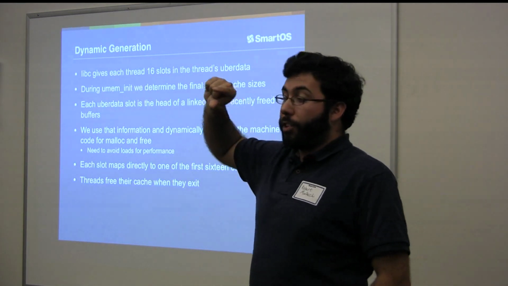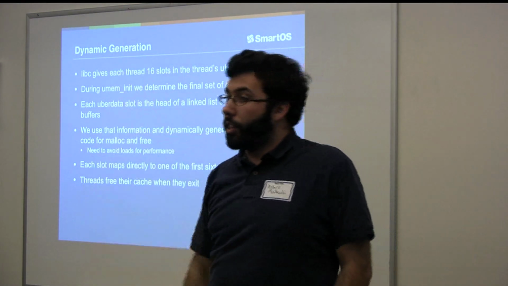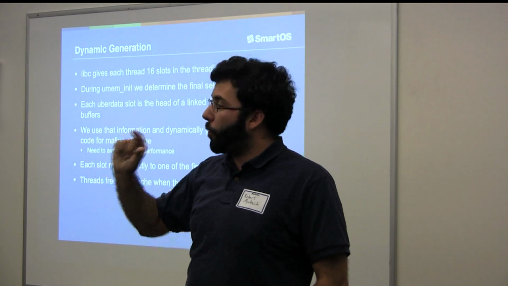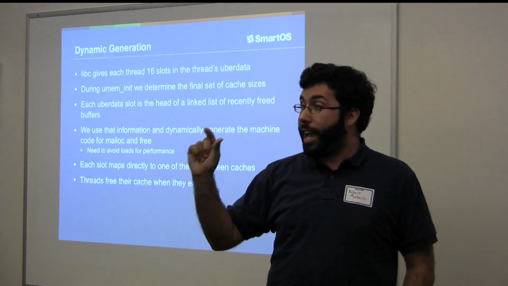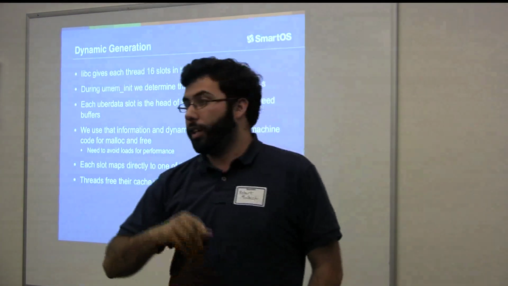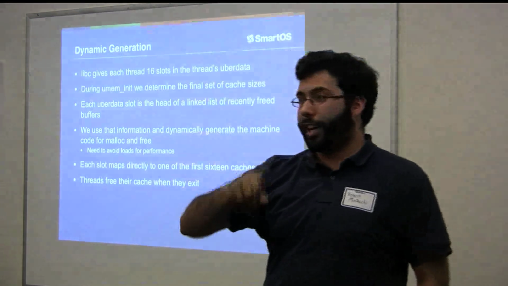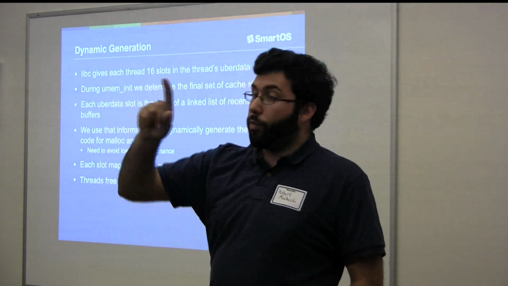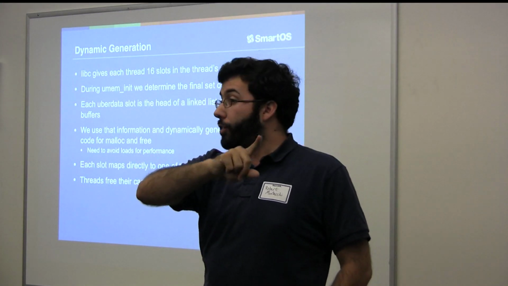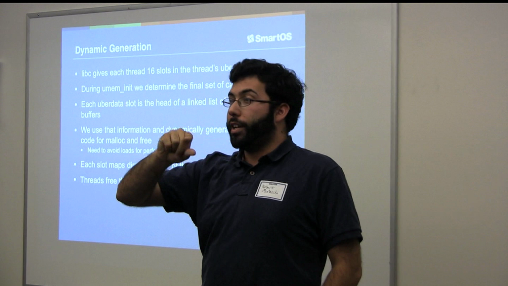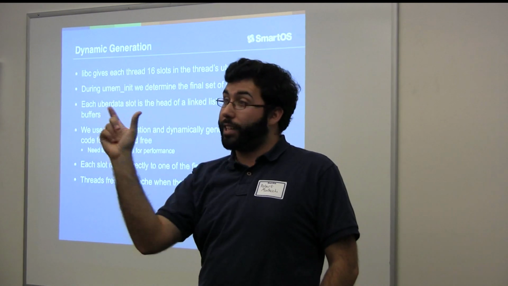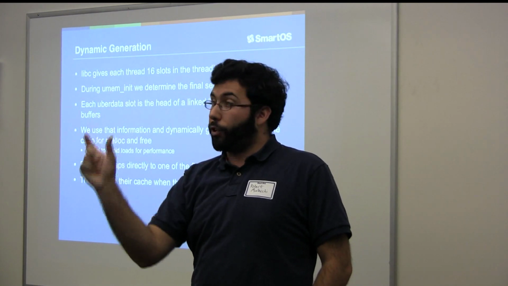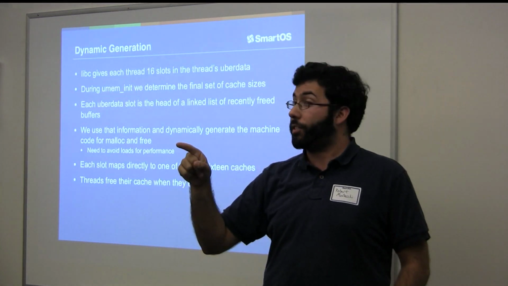After we determine the final set of cache sizes, we create a direct mapping between the first 16 caches and these 16 slots. So the first slot corresponds to the first cache, the second slot to the second cache, and so on. That way, when a thread first does a malloc, it checks if the size is within the range of the first 16 caches, and it checks that cache to see if something's available.